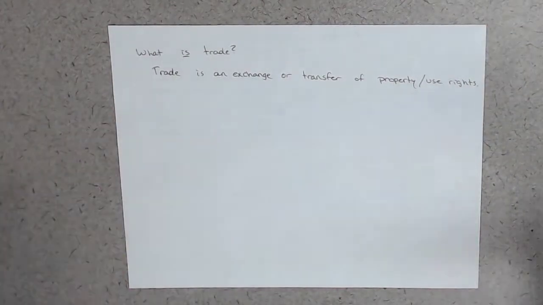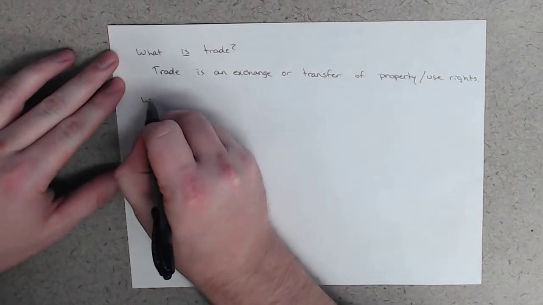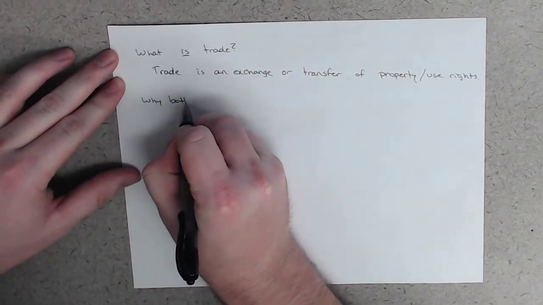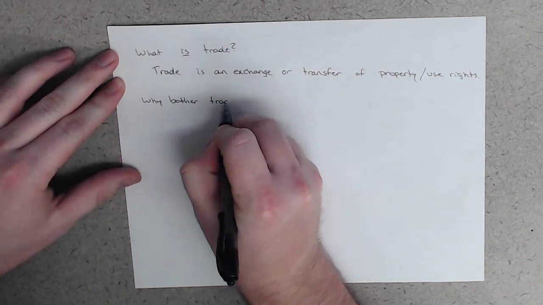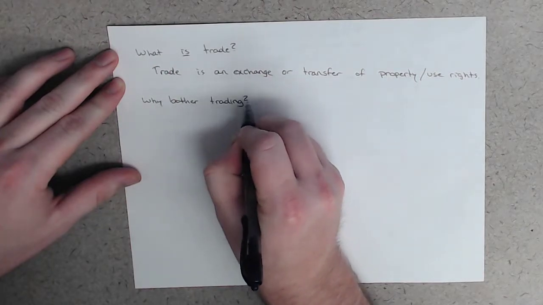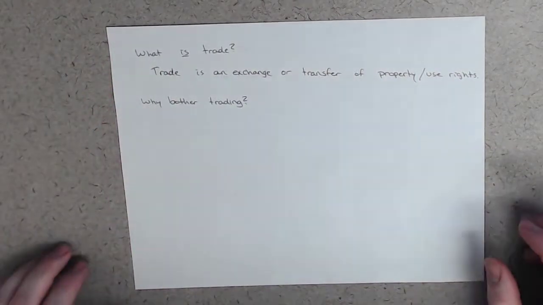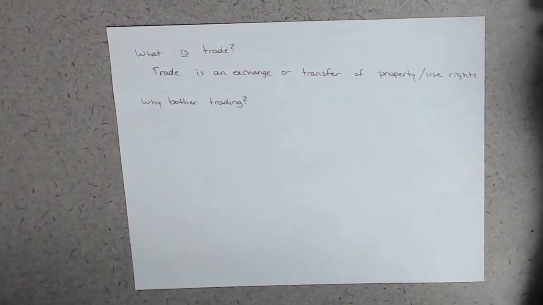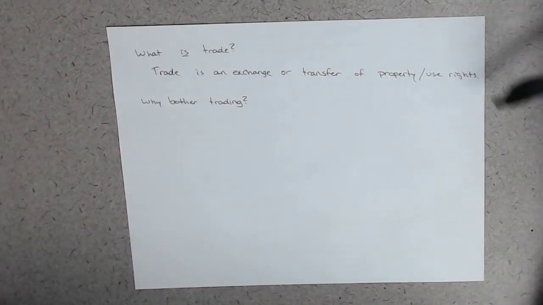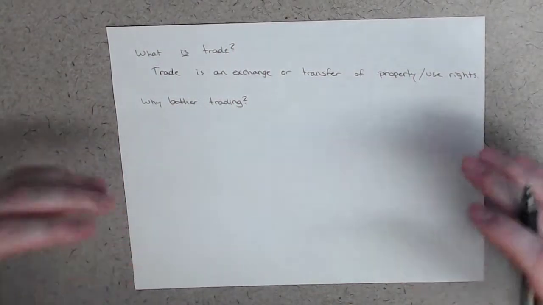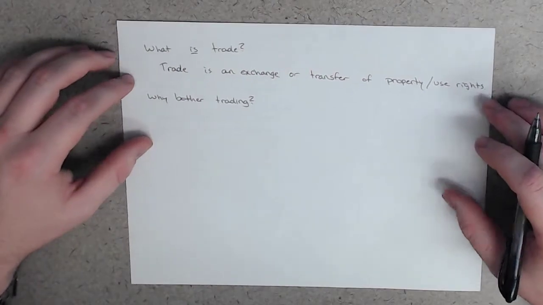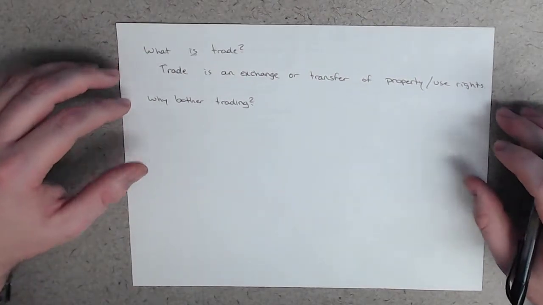And so why do people trade with one another? Why bother? Why do you give up $1 or $2.30 some odd cents to go get a coffee from Starbucks? Well, it must be the case that you prefer to have the coffee more than you prefer to have the dollars, right?